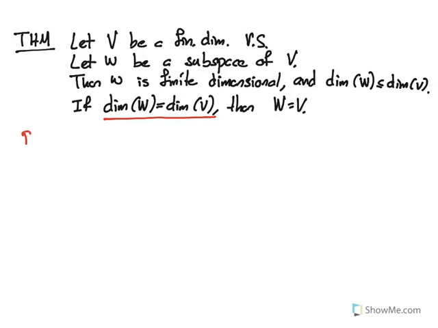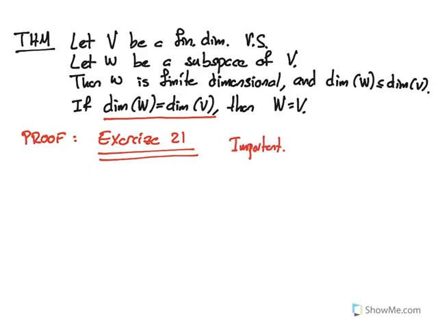For the proof, this is left as an exercise, exercise 21. This is an important exercise to do. It will work you through a lot of the concepts we've covered today.